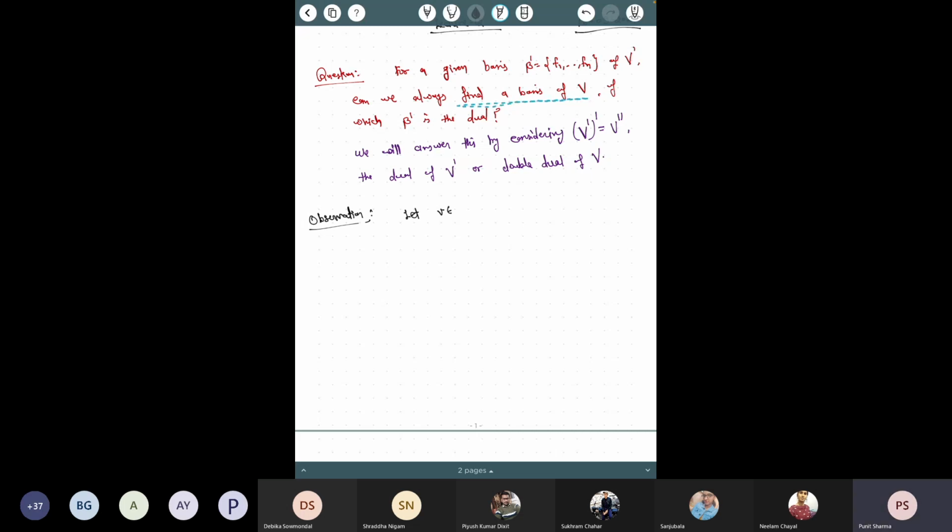So basically, from f1 to fn, we want to find vectors v1 to vn that satisfy fi(vj) equal to delta ij. This is what we are trying to do.